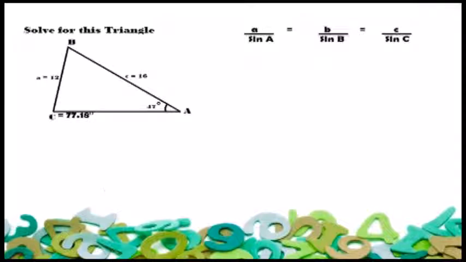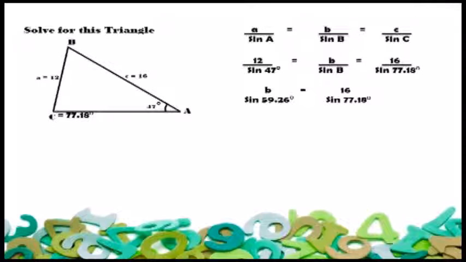Now that we have solved angle C, we will solve for b over sine B. To get angle B, simply add angles A and C and subtract from 180. We have angle B, which is 59.26.